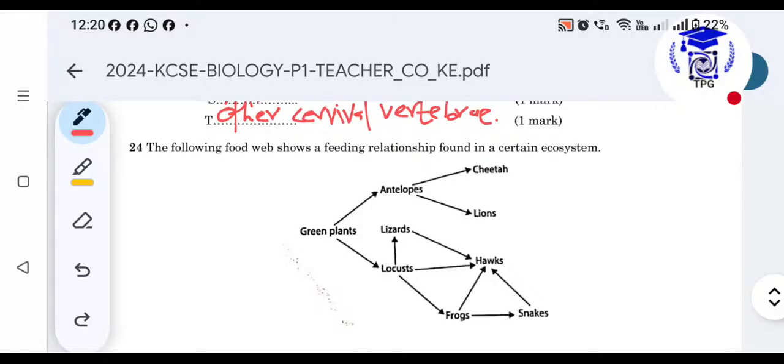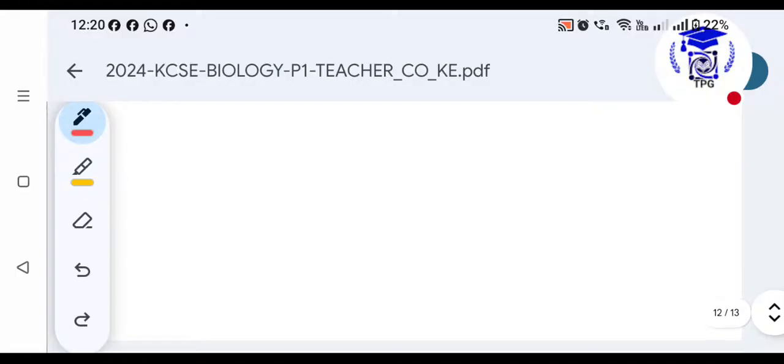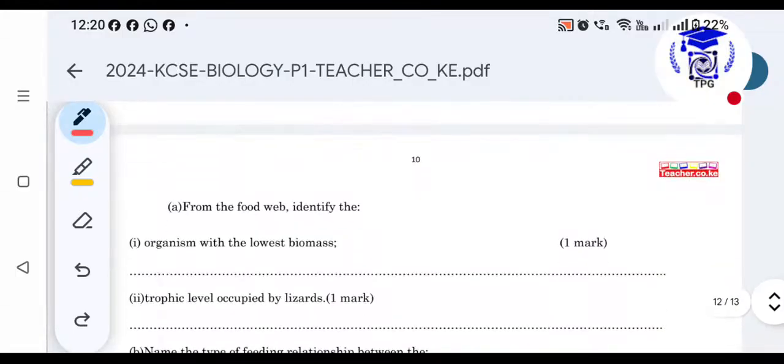From the food web, identify the organism with the lowest biomass. The one with the lowest biomass is the top notch when it comes to the feeding level or the trophic level. So the one with the lowest biomass should be the hawks, top on the trophic levels.